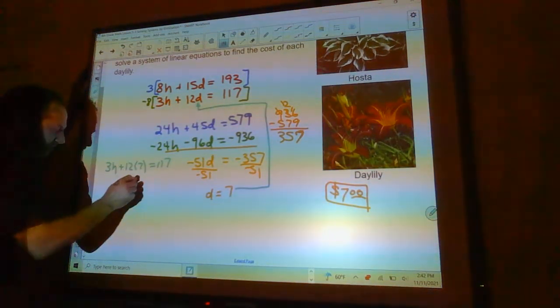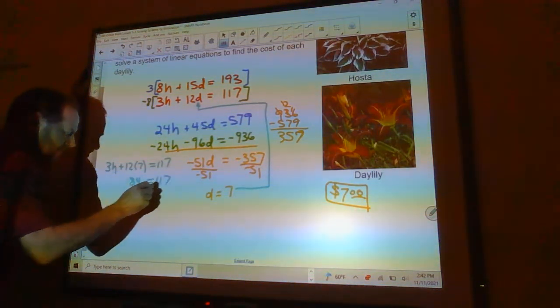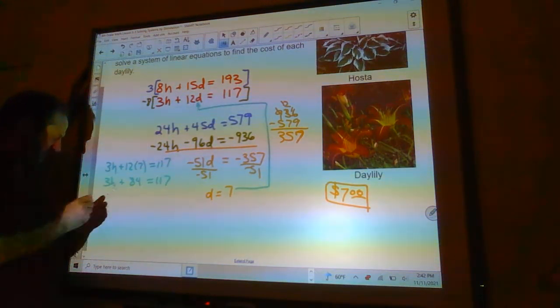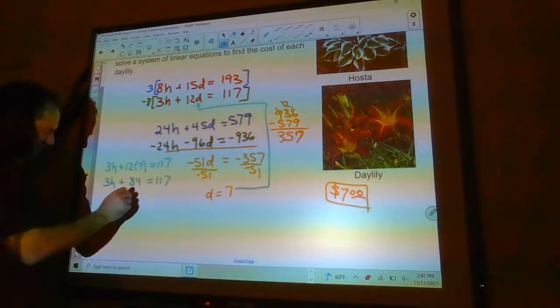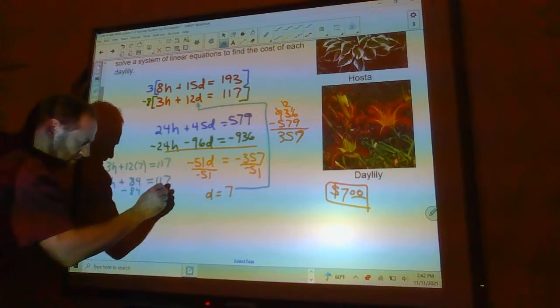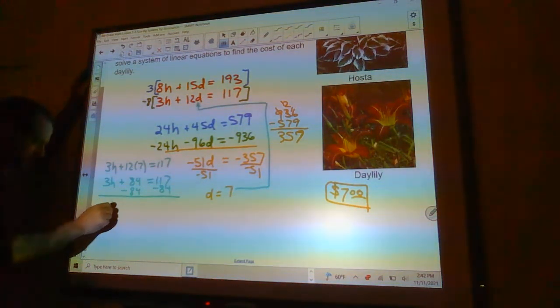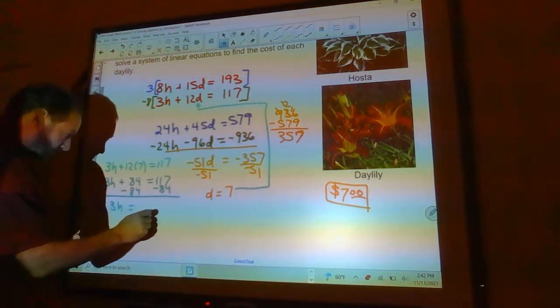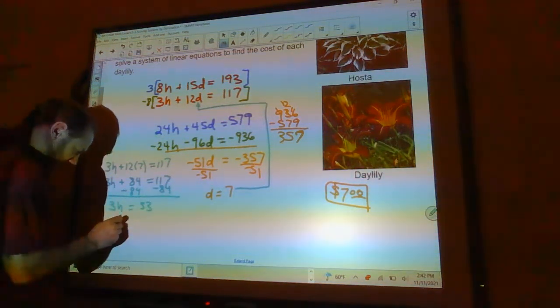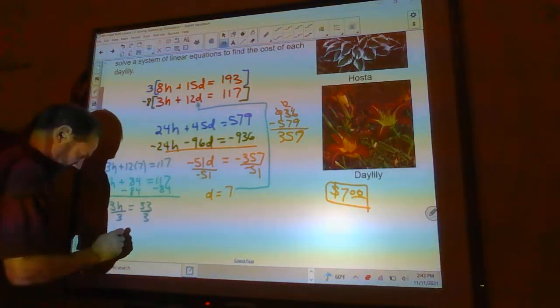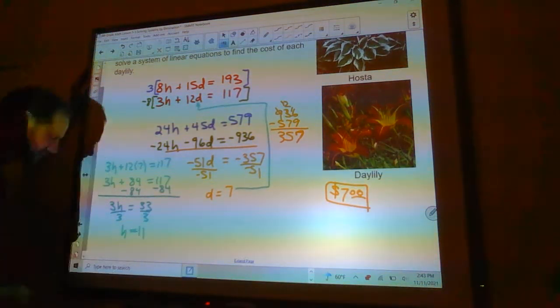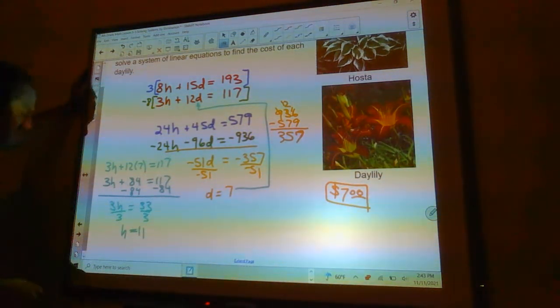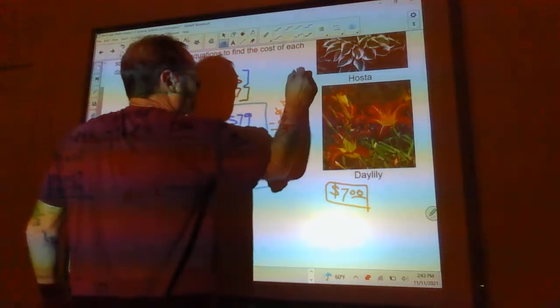Okay, so this is going to be 84. Okay, and I'm going to subtract 84. And so 3h comes out to be 33. And I divide by 3, and h is 11. So those are $11. Hostas are $11.